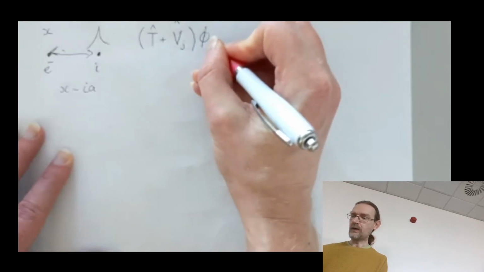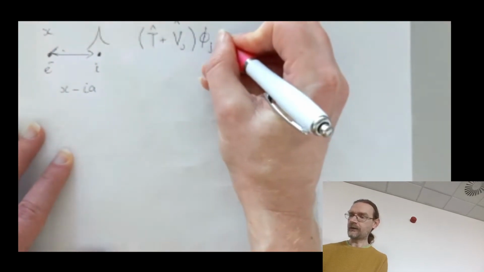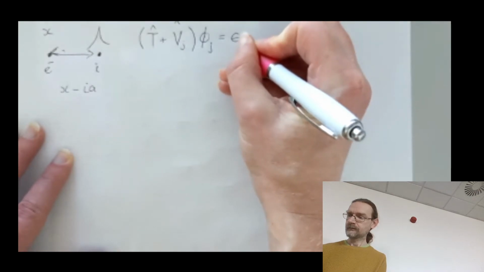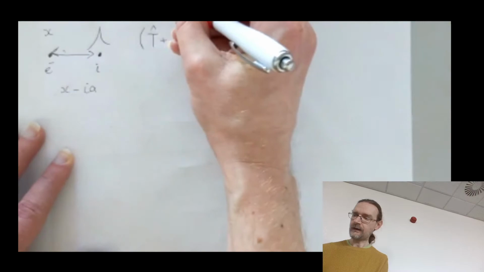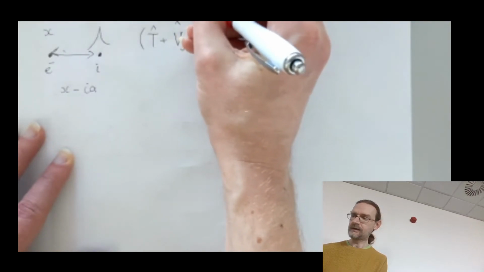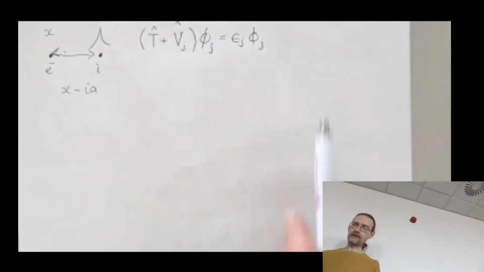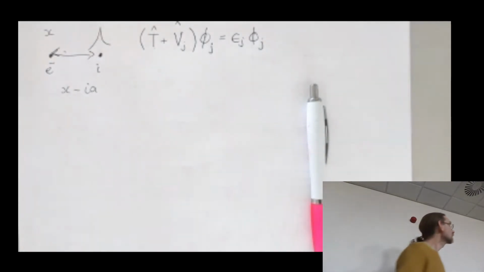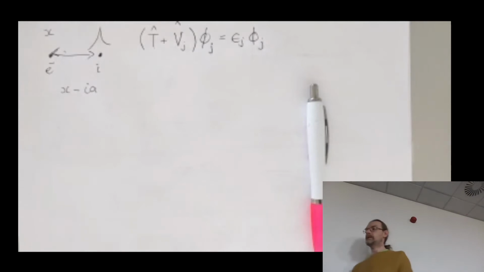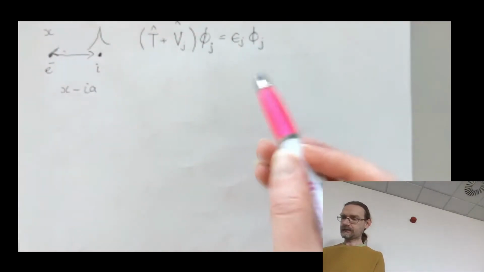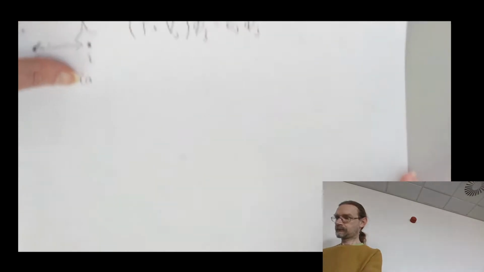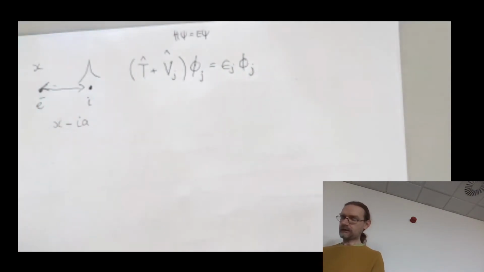And we've previously worked out the solution to the atomic problem. We know it satisfies the Schrödinger equation, so H psi equals E psi is the generic differential version of it. We've solved that for our atom.